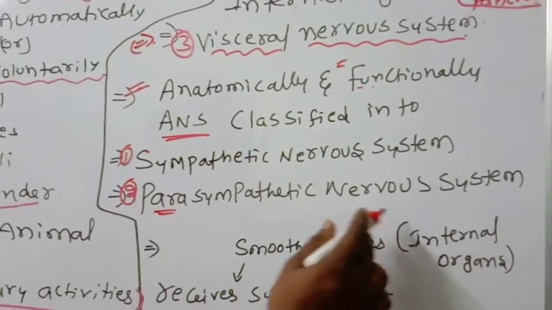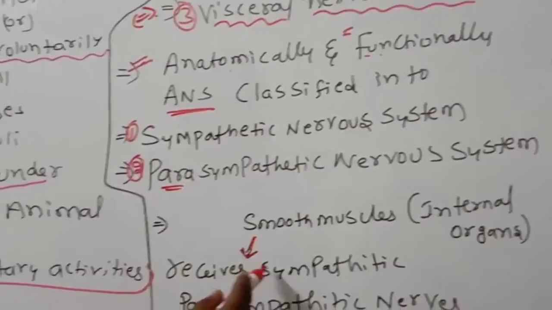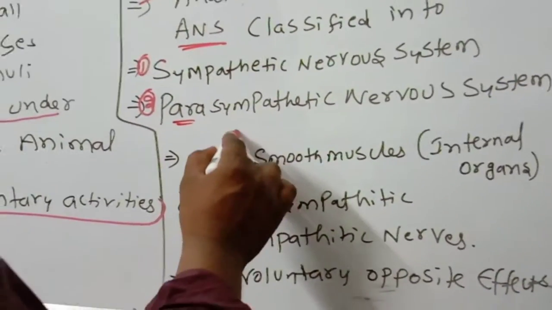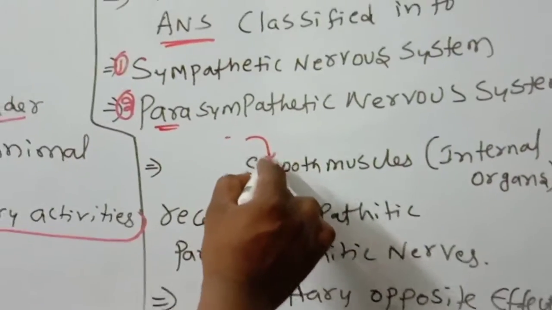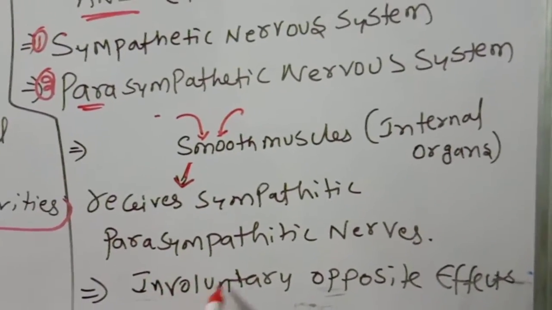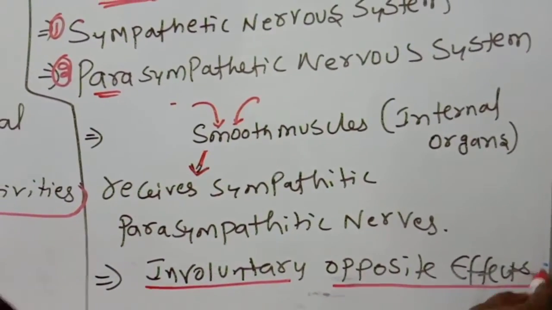Smooth muscles of internal organs receive sympathetic and parasympathetic nerves. Sympathetic and parasympathetic have involuntary opposite effects.